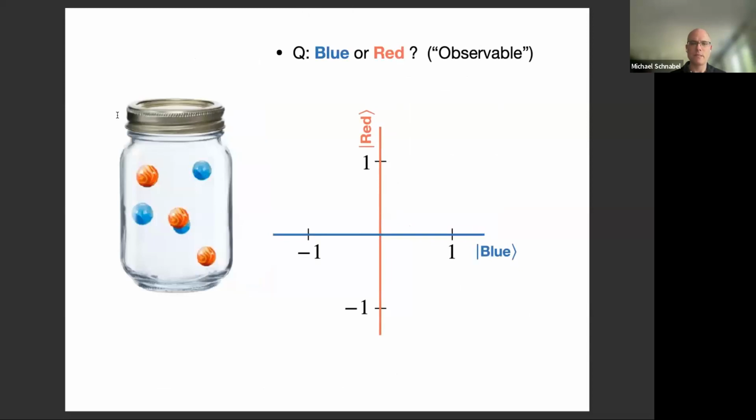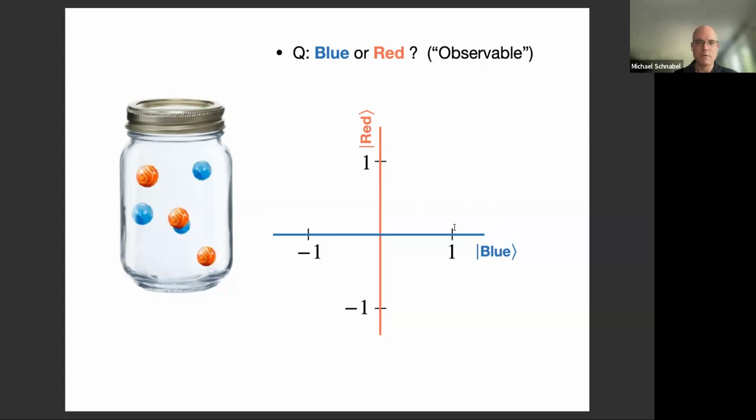We know that a marble, when we look at it, when we measure it, is either blue or red. It's not both at the same time. So therefore, we will represent these two categories by orthogonal categories, by these two axes, the red axis and the blue axis.